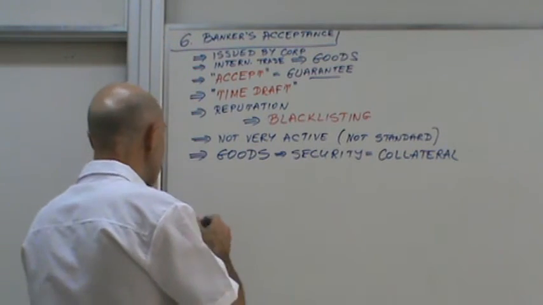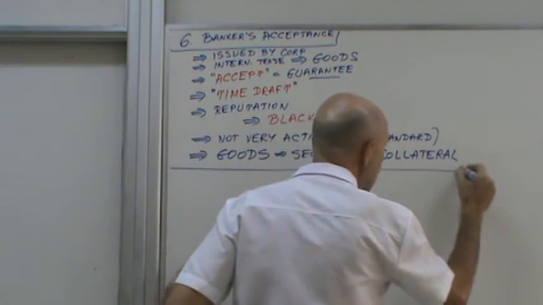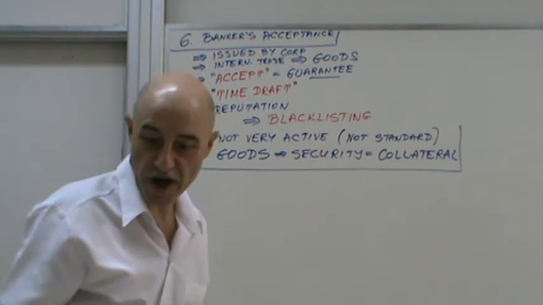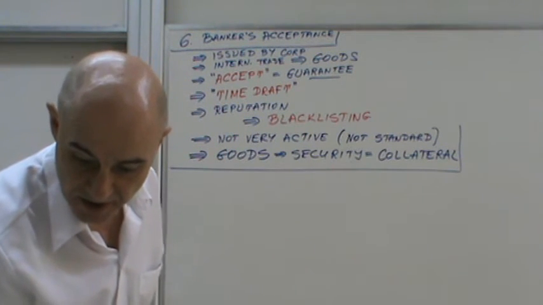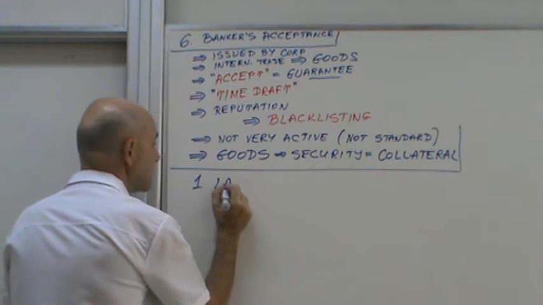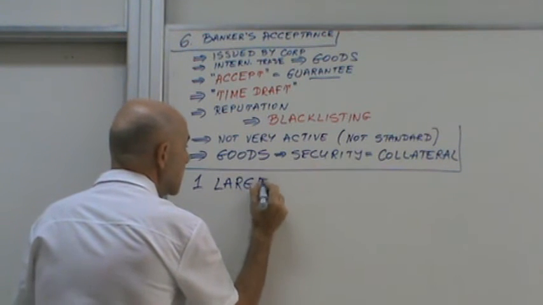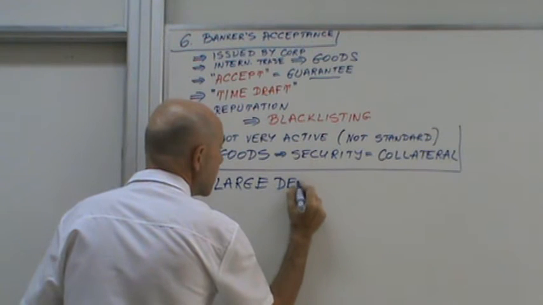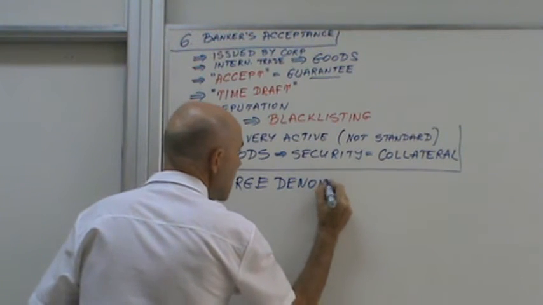So, going back to repeat, I already began the chapter with it. The money market characteristics are: number one, large denominations.